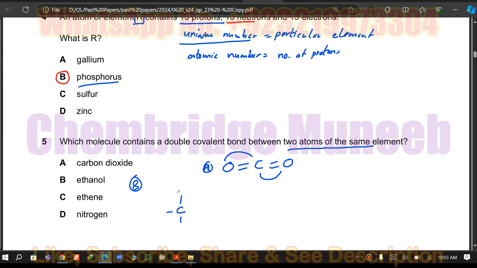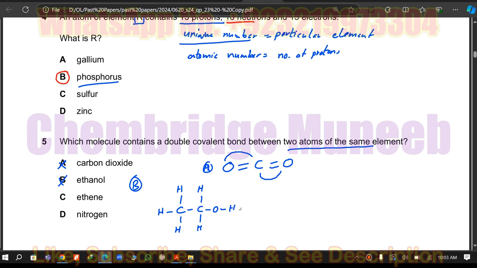Carbon is bonded with hydrogens here, and with another carbon which is bonded with another hydrogen above and below, and with oxygen which is bonded with the hydrogen. You can see that within this ethanol there is not a double covalent bond anywhere, so that's not the right answer. Same is the case for A.